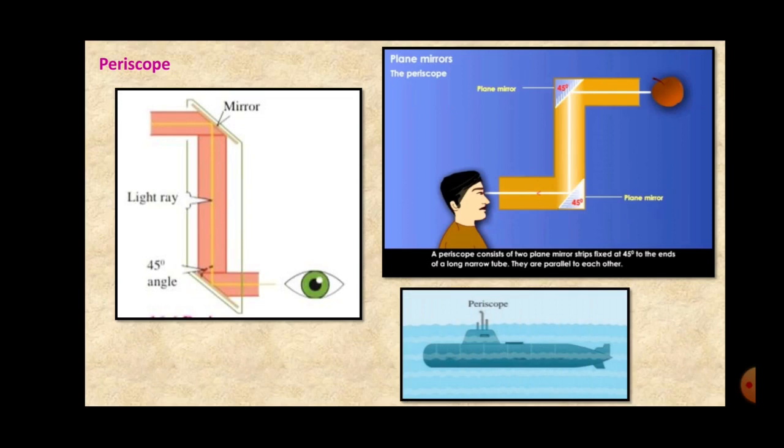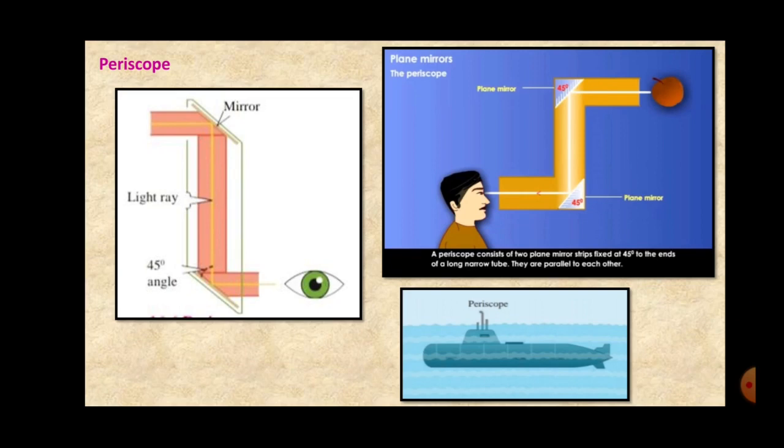Similarly, this is used in the submarines, right? Now you can see the submarine inside the water, but the periscope is above the level of the sea water. So with the help of this periscope, the person who is inside the submarine can see on the surface of the water what is happening.